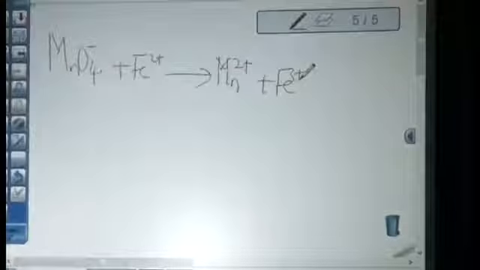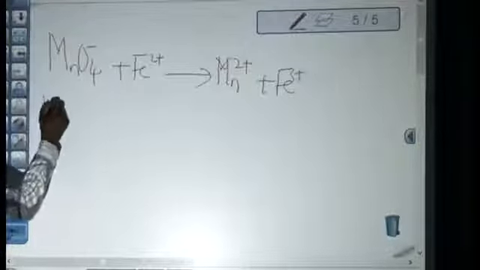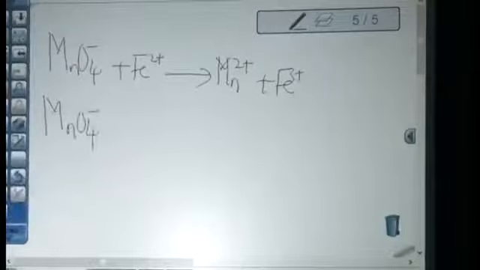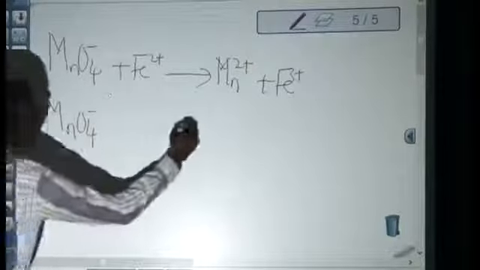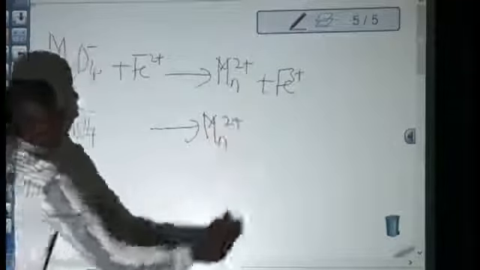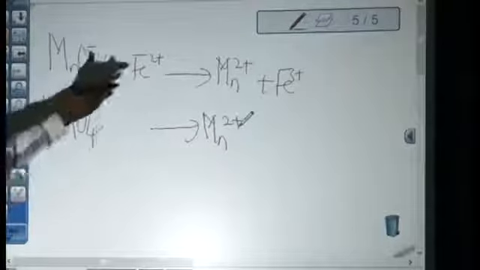The first step is to break the equation into two halves. The first equation is going to give us MnO4 minus giving us Mn2 plus, because we know that manganese cannot give us ion 3.